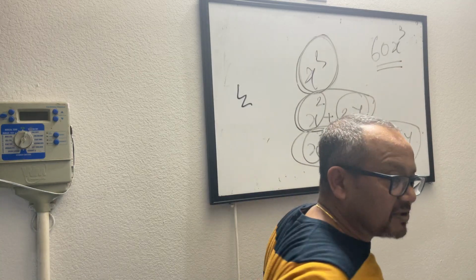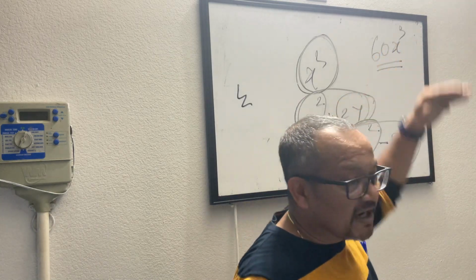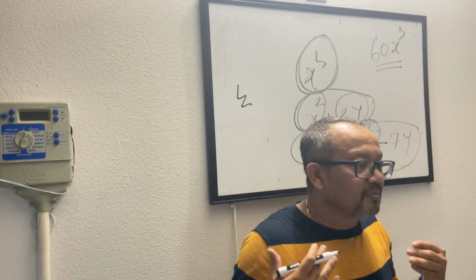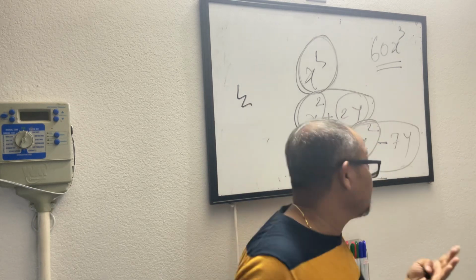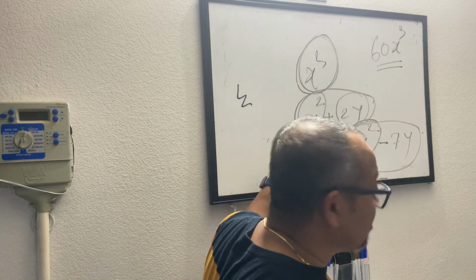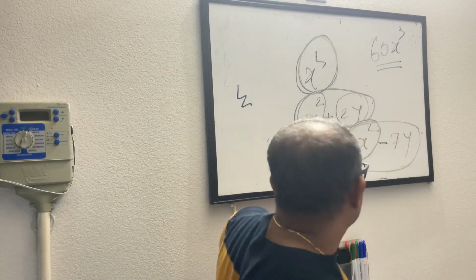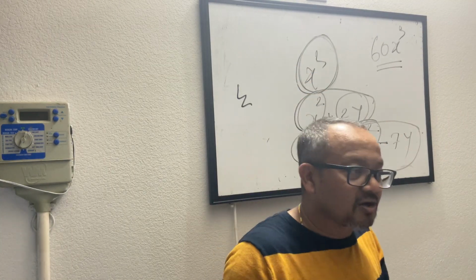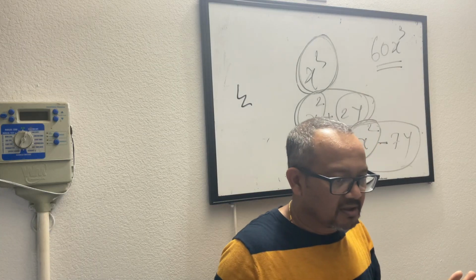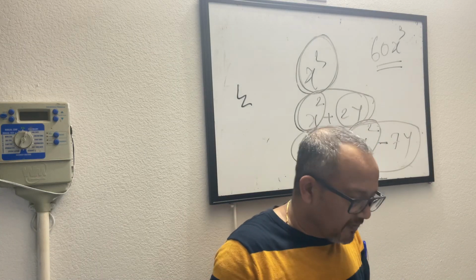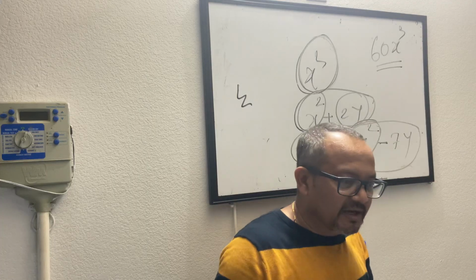Anything which has more than one term is called a polynomial expression. So be it a binomial, trinomial, quadrinomial, pentanomial or hexanomial, anything which has more than one term is called a polynomial expression. Is that an okay understanding to begin with?